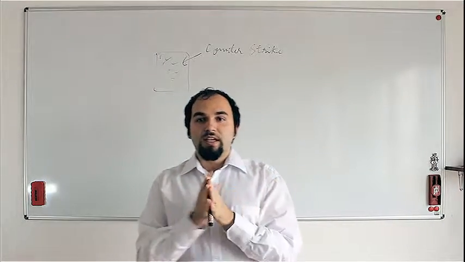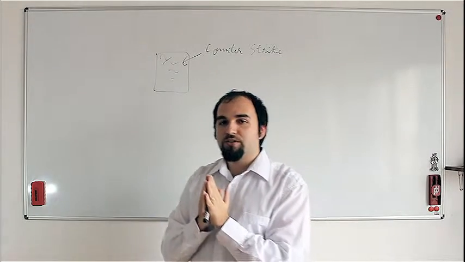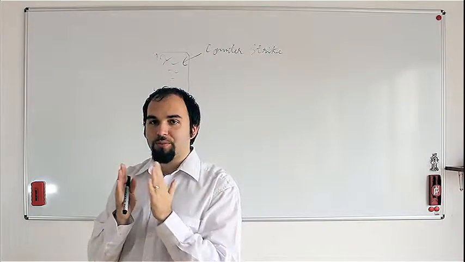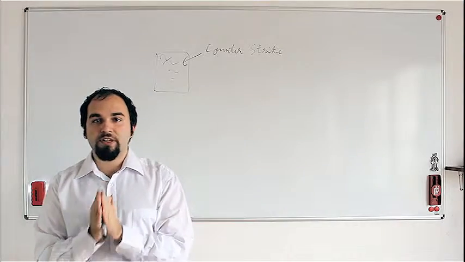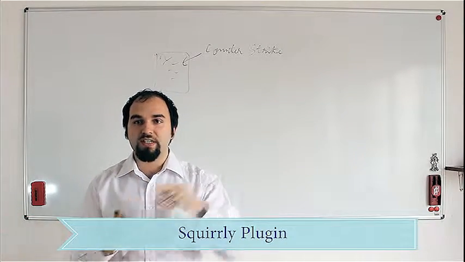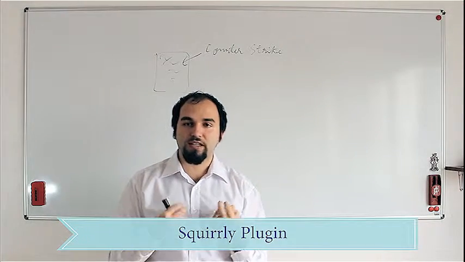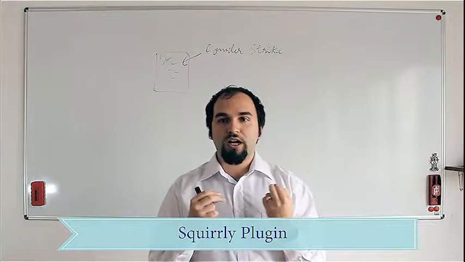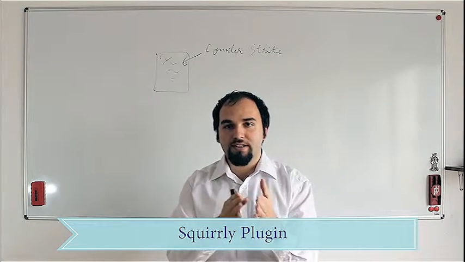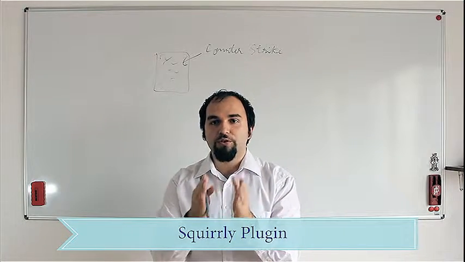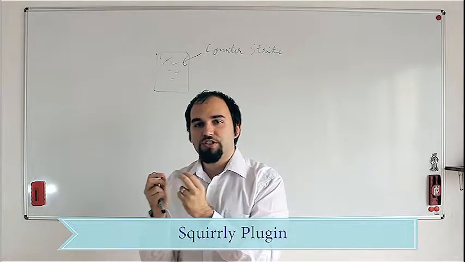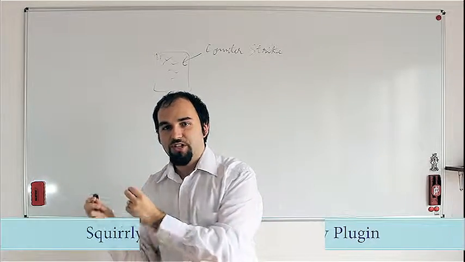Alright? So if you're not very sure on how to use keywords to optimize your content, you can definitely go ahead, if you have a WordPress site, and just download the Squirrly SEO plugin, which has a live assistant that's going to show you how to make sure that your content is valuable for the people who are going to search for a certain keyword on search engines.